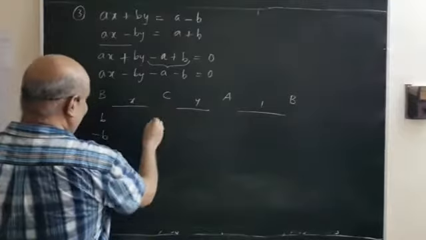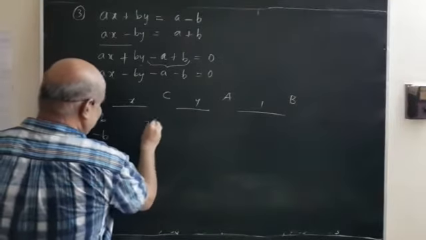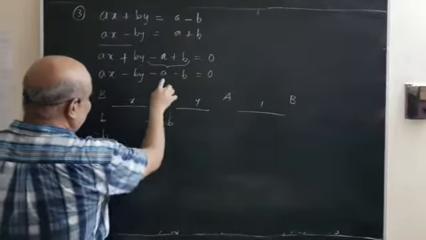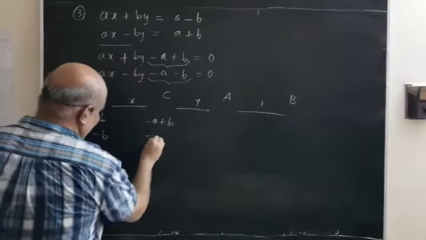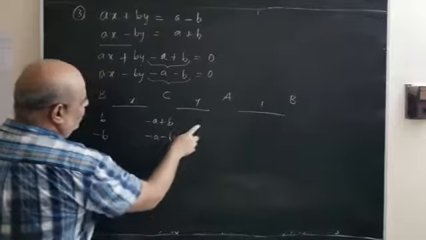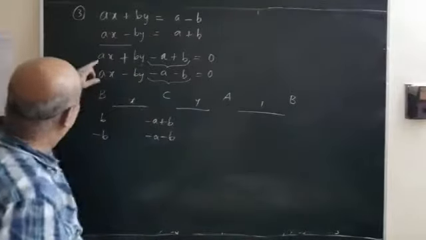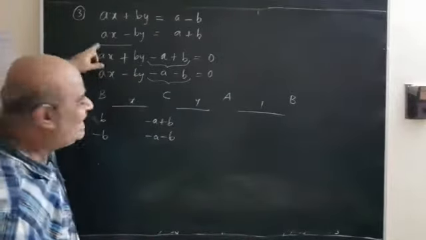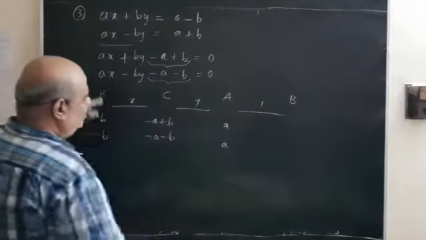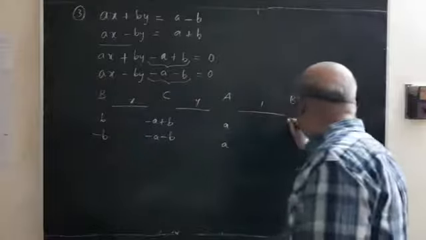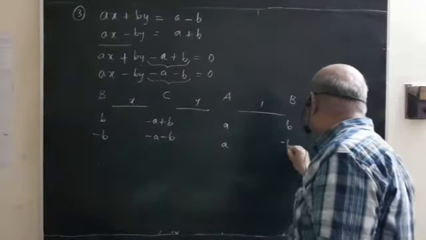So for C, the constant term, I have to write minus A plus B. Similarly, for the second equation, this whole thing is a constant term, minus A minus B. Now coming to A, that will be the coefficient of the variable X. So I have A, and once again B, I copy from here, B minus B.